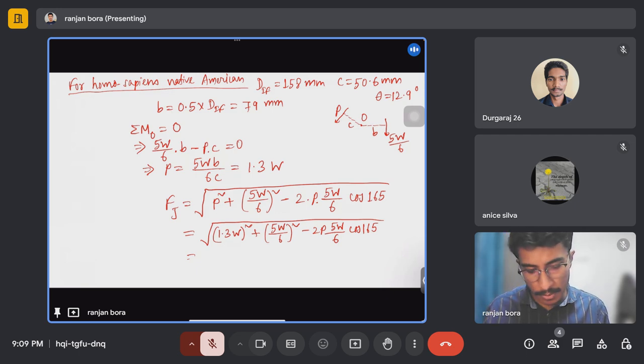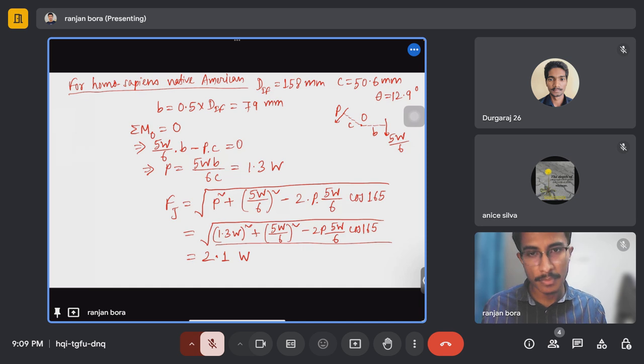If you solve this, you will get 2.1 W as Fj.